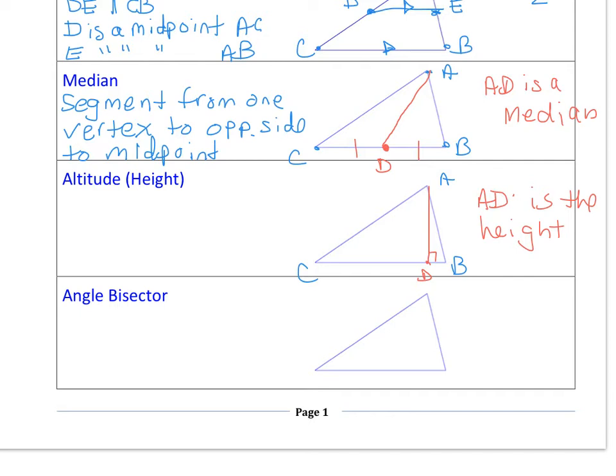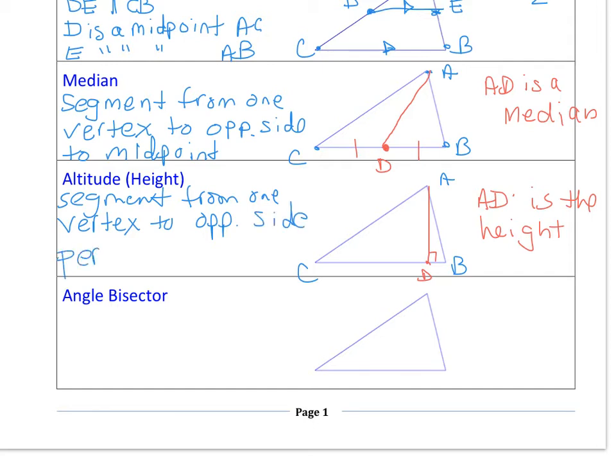So if we were to describe it, again, it's a segment from one vertex, sorry my writing is so messy, to opposite side. And instead of to the midpoint, it will be perpendicularly, creating this 90-degree angle here.